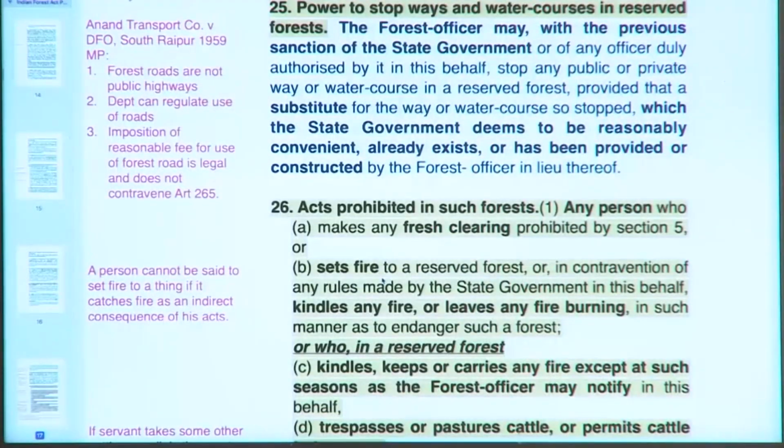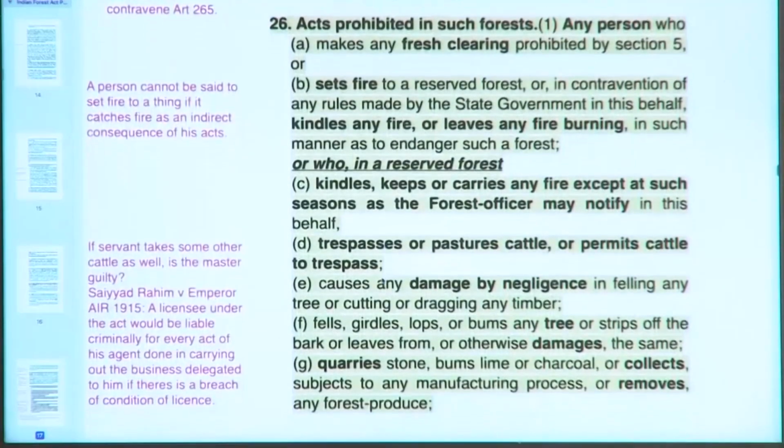The government has the power to stop ways and water courses, and this power can be given to the forest officers by the government. Then there are certain acts that are prohibited in such forests. So, these laws are now providing powers to the forest officers to protect the forests. So, what are the things that are prohibited?